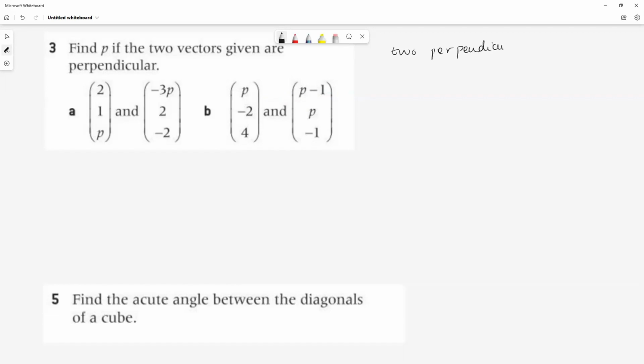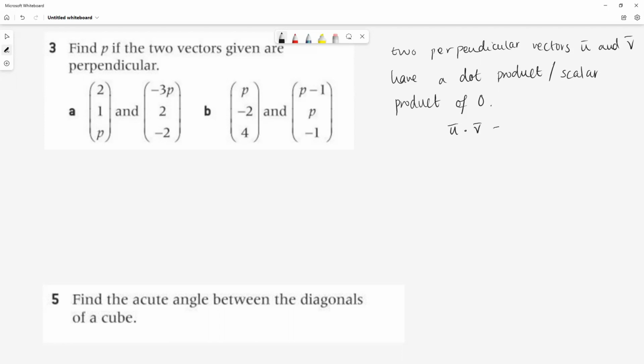So two perpendicular vectors, if we name them u and v, have a dot product of 0. What that means is if you multiply u and v, you get 0. That's what we have to keep in mind when we're trying to find p.